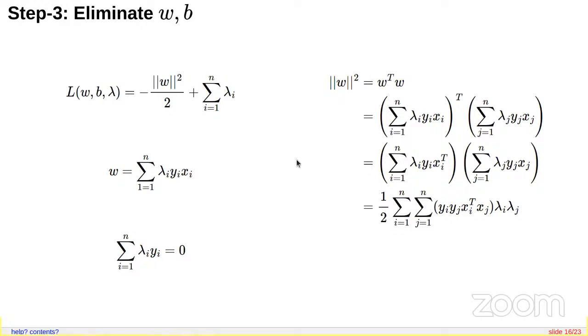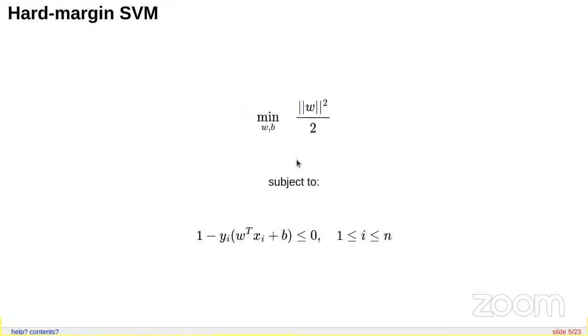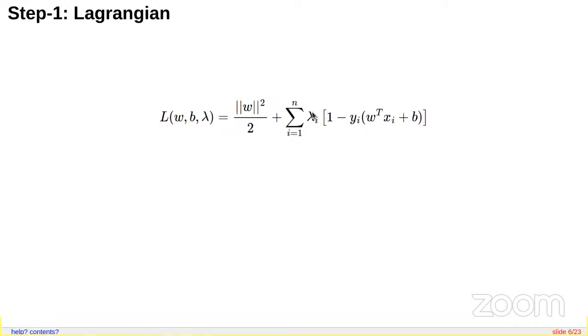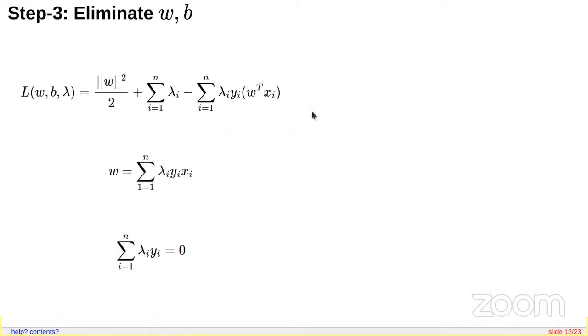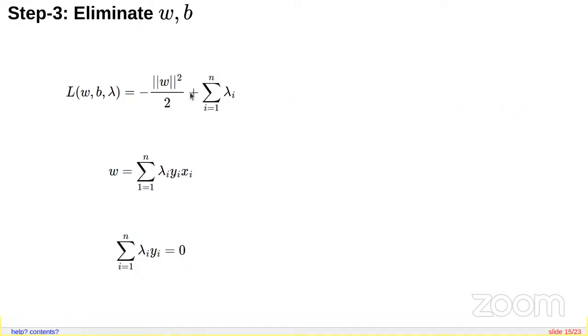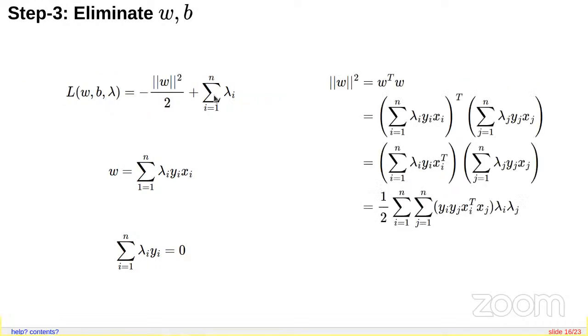So where did the half come from? The half we carry over from the optimization objective itself. It is there all through, for mathematical convenience, because when you take the gradient, the 2 comes down and cancels out.